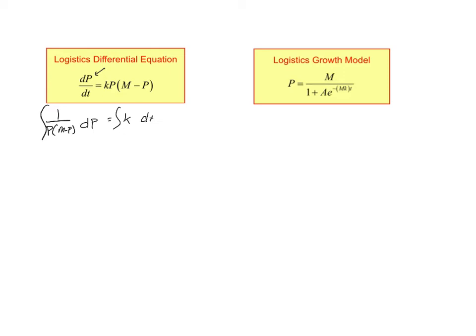Now with my K on the right, it's pretty easy. It's going to be KT plus C. Okay, with my 1 over P, we're going to have to do our partial fraction decomposition.